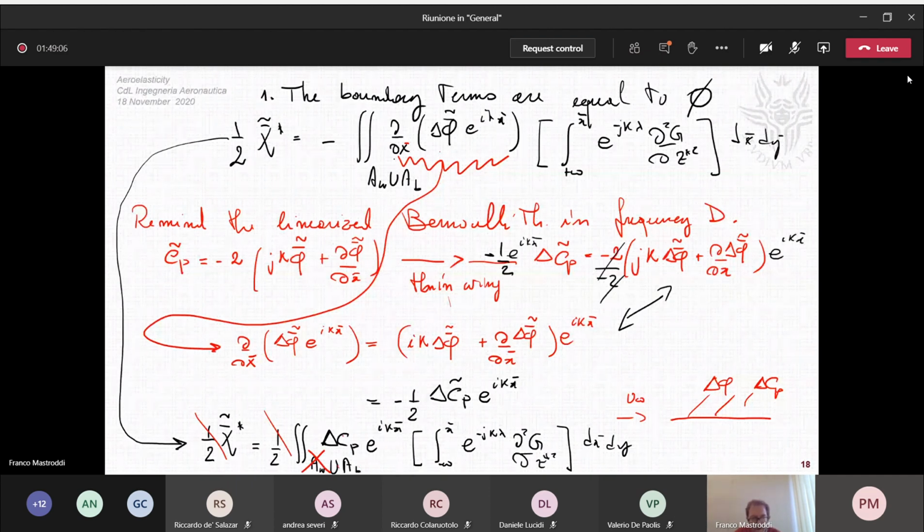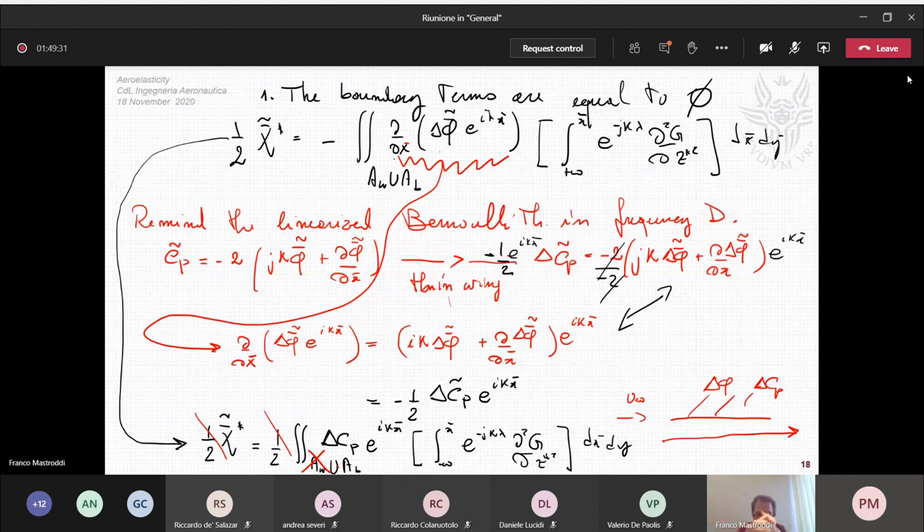And this body integral is a body integral relating directly the downwash, or the normal wash, with the pressure on the body. So we have a unique operator relating pressure and normal wash.